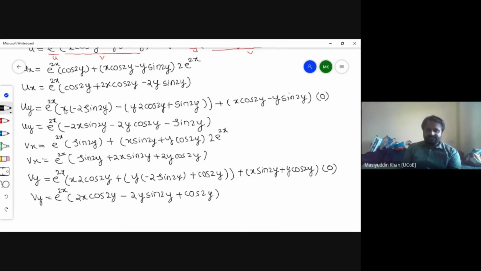Now what is the CR equation? Hope you remember what is the CR equation. So I'm just going to write one more time, the CR equation, that is Cauchy-Riemann equation, u_x is equal to v_y and u_y is equal to minus of v_x. So this is our CR equation.